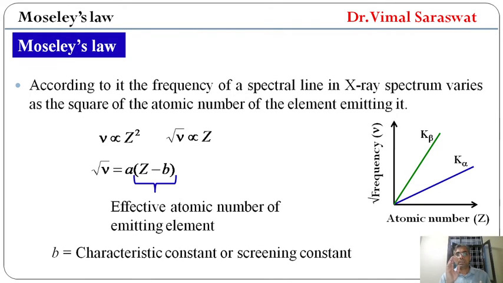So the effective atomic number of the emitting element is Z minus B. B represents the characteristic constant or screening constant.